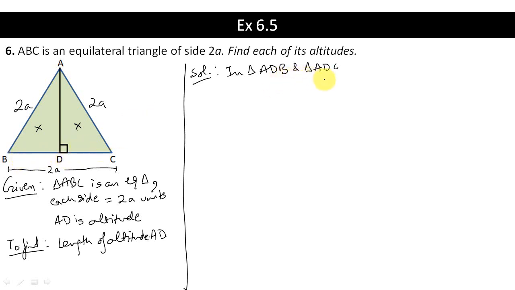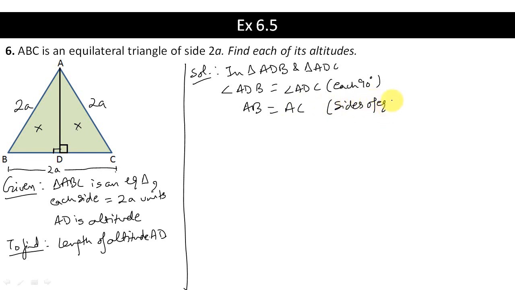So in triangle ADB and triangle ADC, angle ADB is equal to angle ADC, each 90 degrees. AB is equal to AC, because all sides of an equilateral triangle are equal to 2A. And this side AD is common. AD is equal to AD.